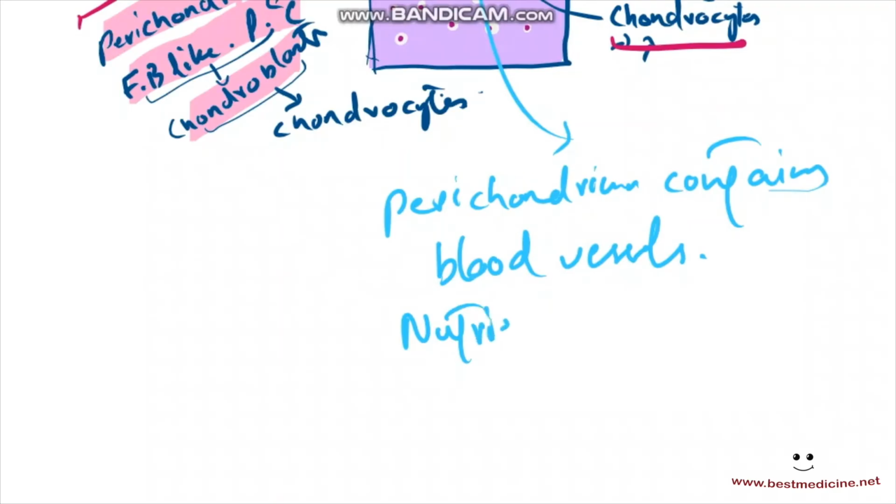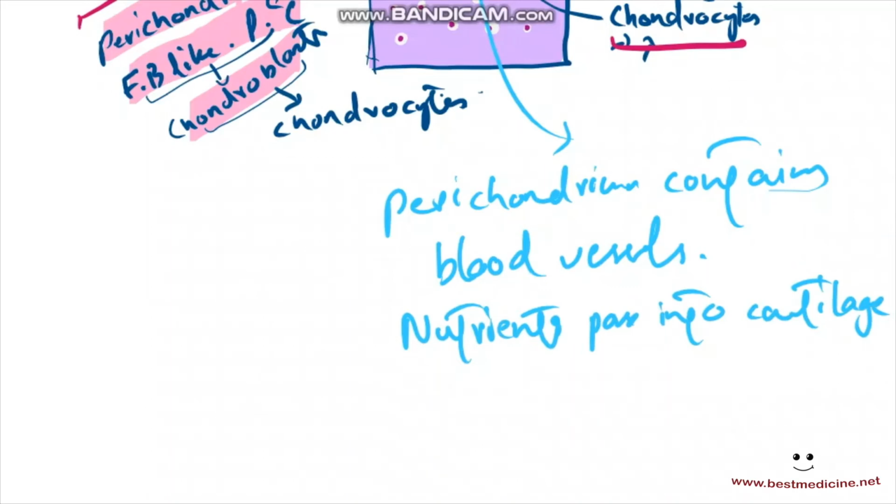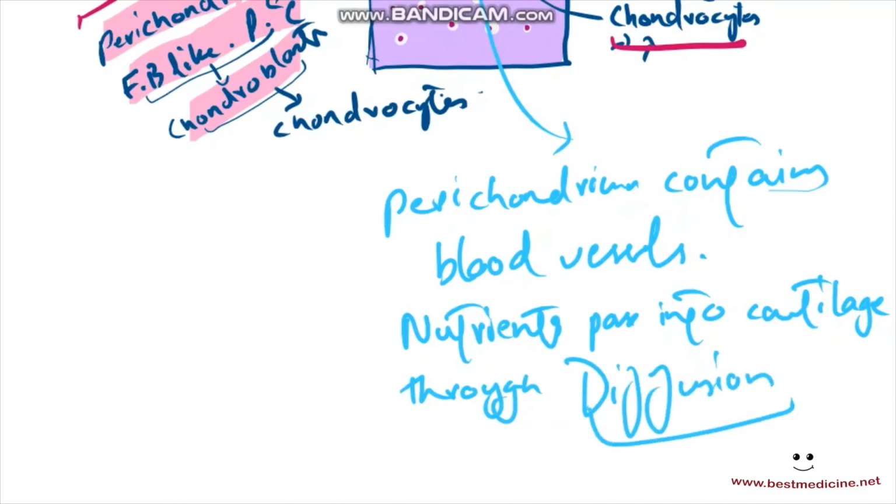Nutrients pass into cartilage, or basically chondrocytes, which are present inside the lacunae, through what? Does this pass into the cartilage through diffusion, right? Diffusion. Excellent. Okay.